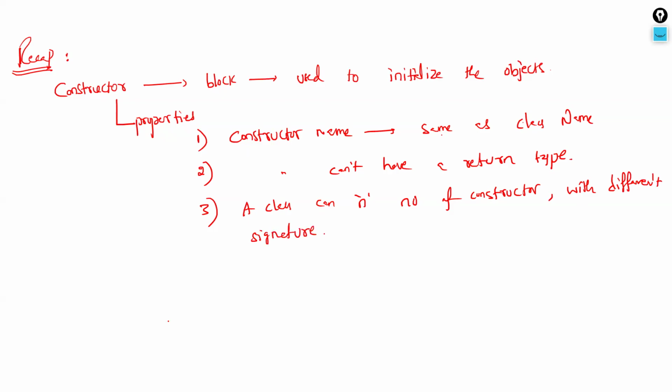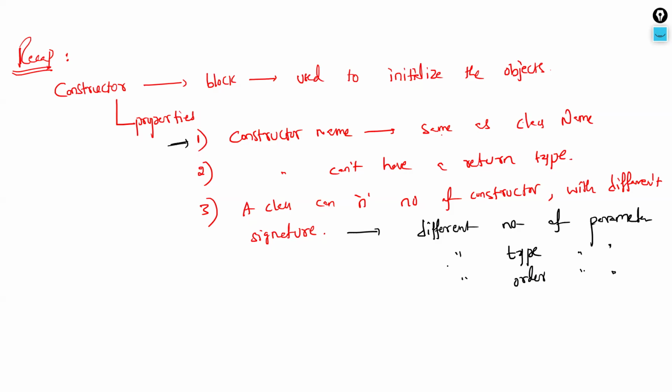A different number of parameters, or a different type of parameters, or a different order of parameters. Correct or not? All these things we discussed in yesterday's class, each and every property with its syntax also.